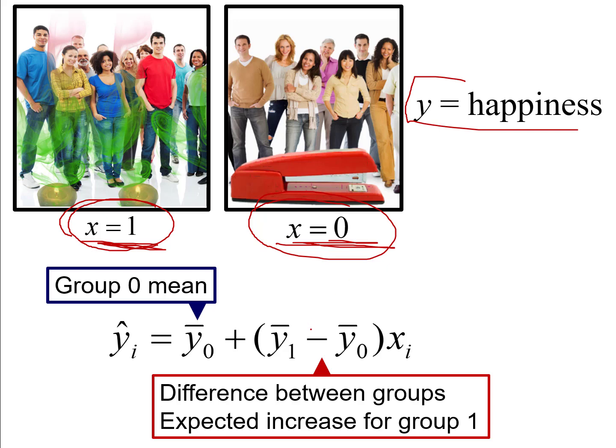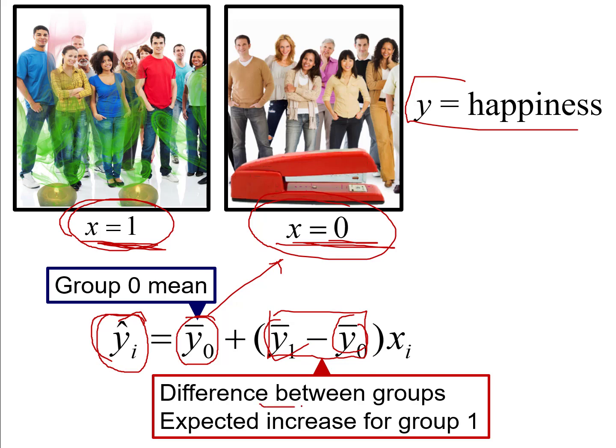And recall the basic linear equation that I gave you for analyzing data in this type of study. We talked about how we'd have y hat, predicted y, which is a person's predicted level of happiness. And we had this equation where we said the predicted level of happiness was equal to a mean for group 0, the mean for the control group, plus a difference between the two groups, the mean for group 1 minus the mean for group 0.